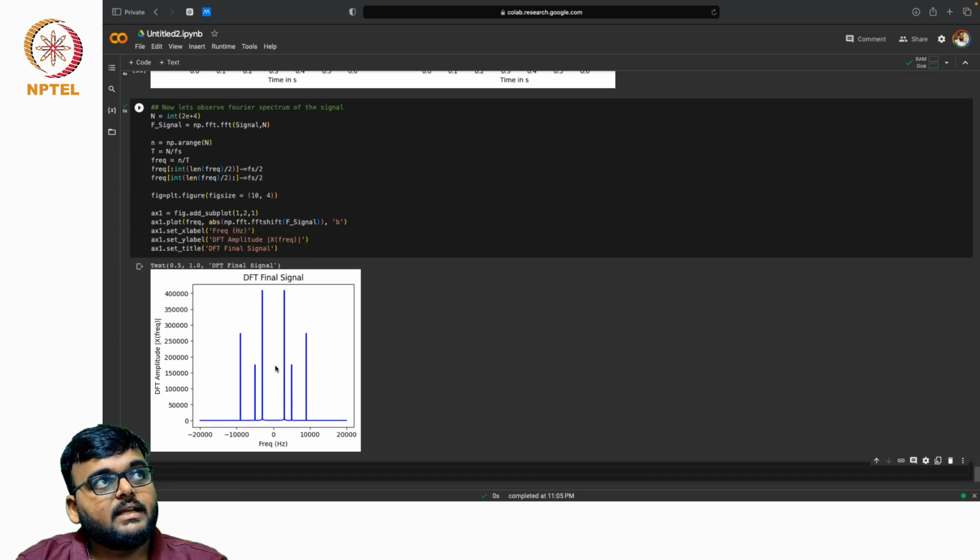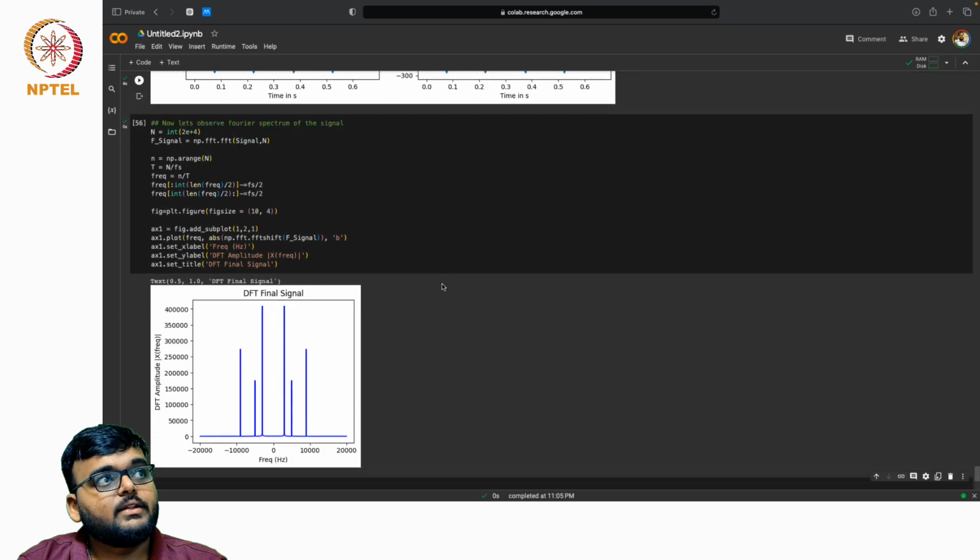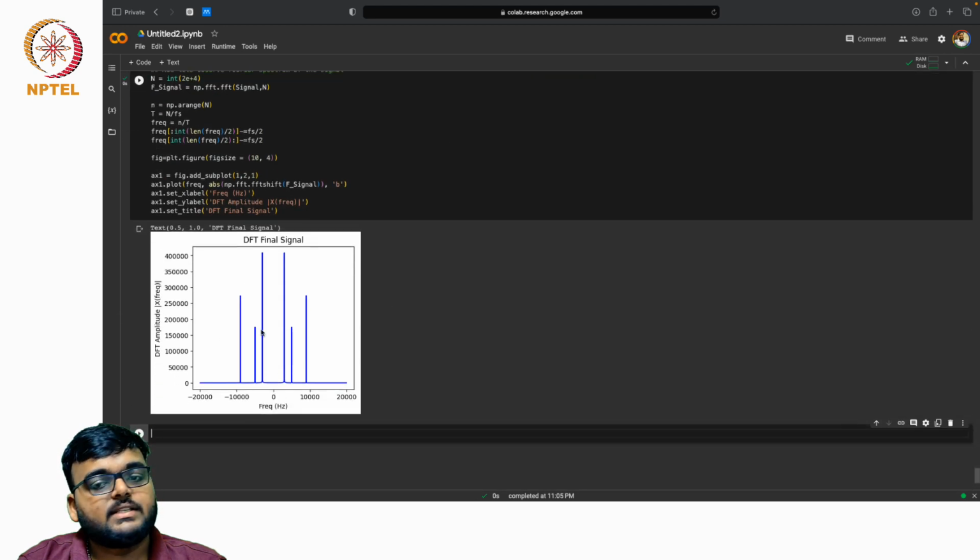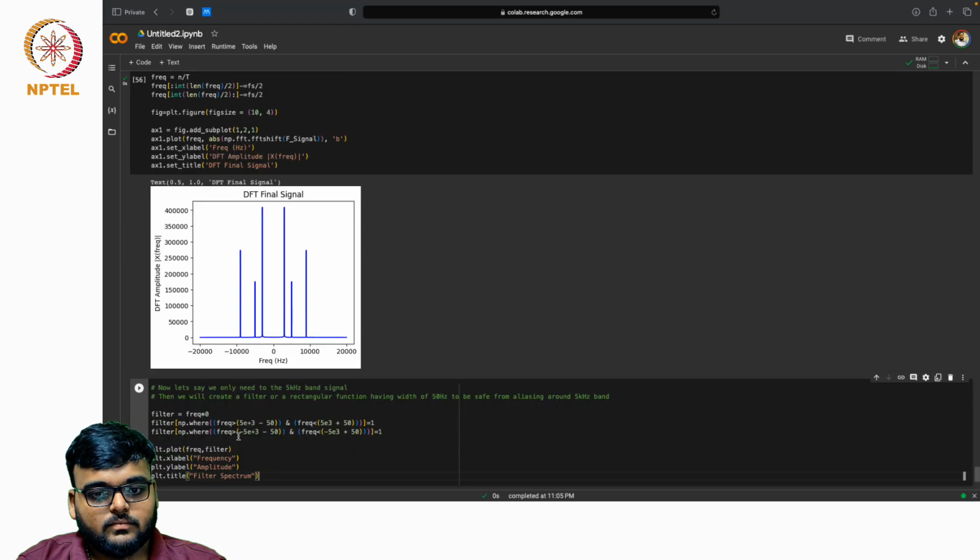Although it is so jumbled up, you are getting this kind of distinct feature. Now we will create a filter at the center frequency of 5 kilohertz, so the 5 kilohertz band. We will create a filter of, say, plus minus 50 hertz.